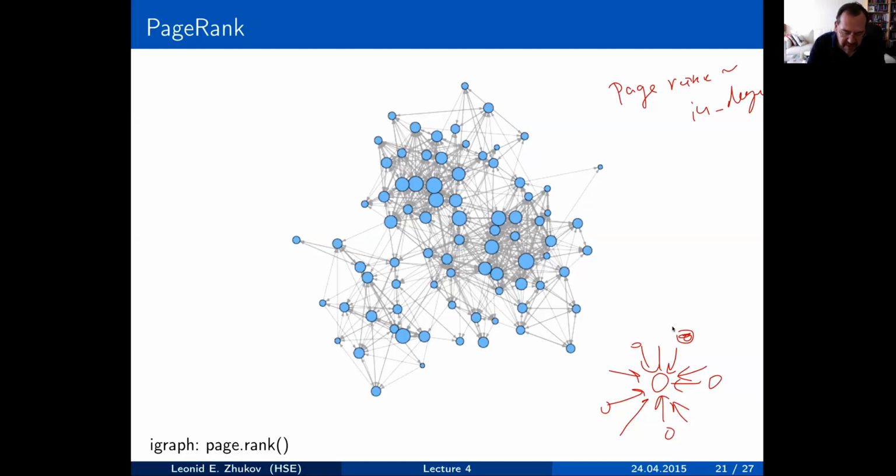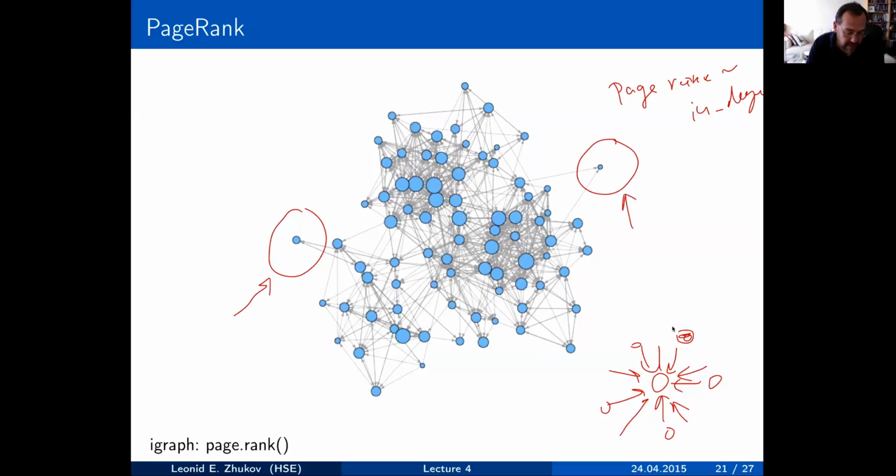Here is an example for you. Notice on this picture, the nodes are scaled according to the PageRank values. Now look at these two nodes. They both have two incoming links, but their PageRanks are different. According to the PageRank computation, this node is more important than this one and has a higher PageRank.